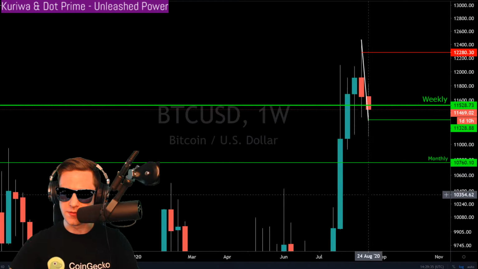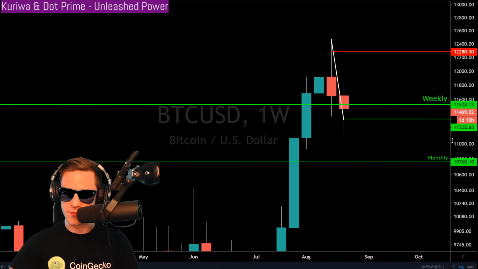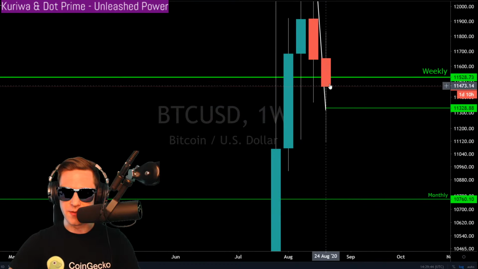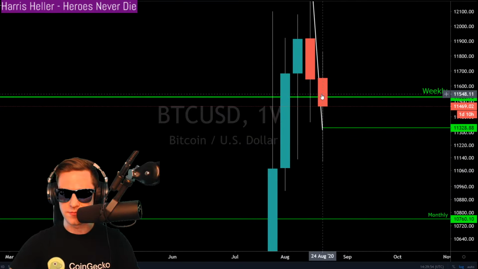Now it's important, as we were talking about earlier, is the closes of this week. We have 1 day, 10 hours left in this weekly. And what I was saying is that we want to see the candles close. In order for this to hold as support, we want to see this weekly close above 11,530.